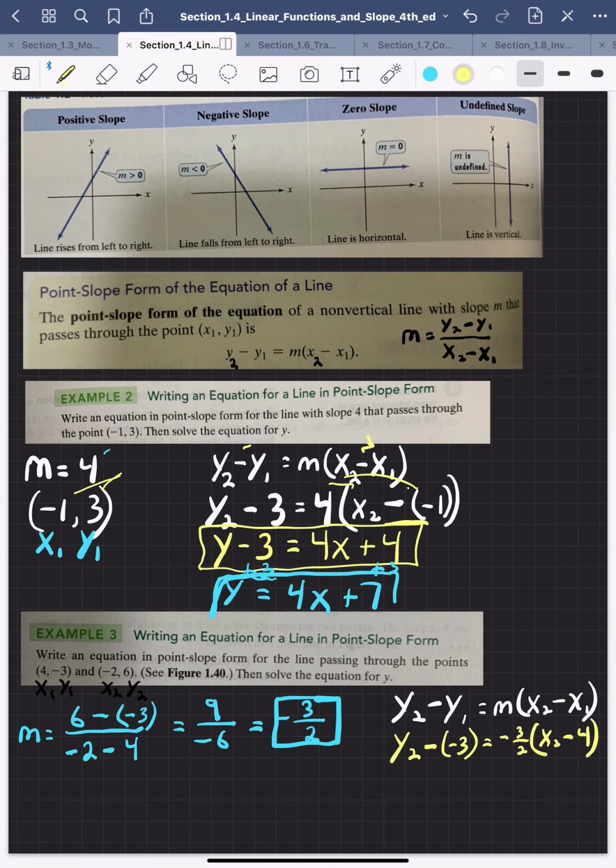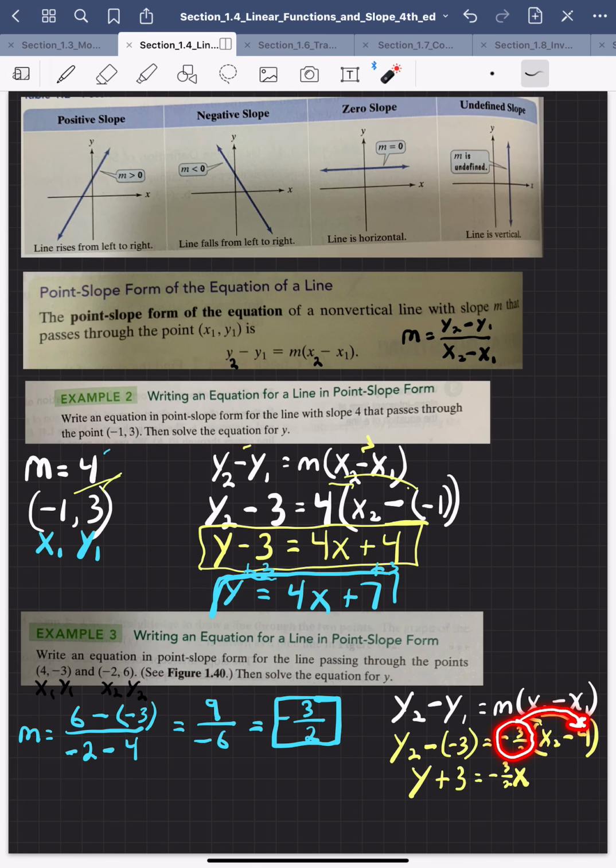Let's go ahead and clean this up. So we got a double negative here, so that's going to just be y plus 3. And if you take, we got to distribute here, so that's going to be negative 3 over 2x.